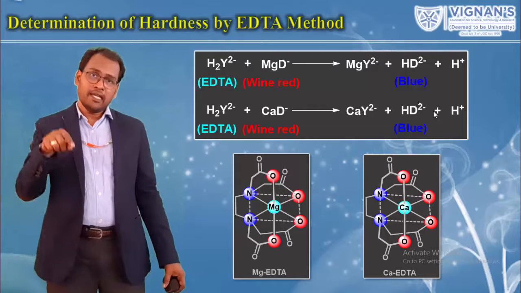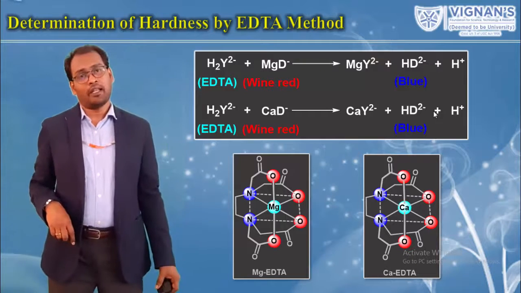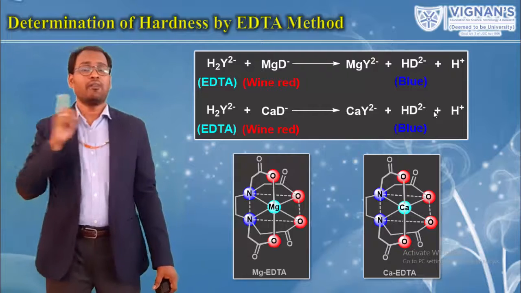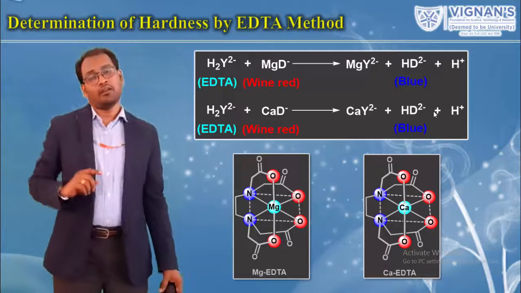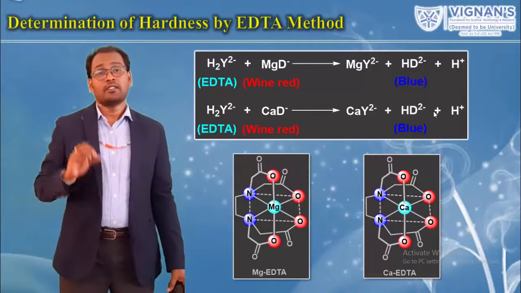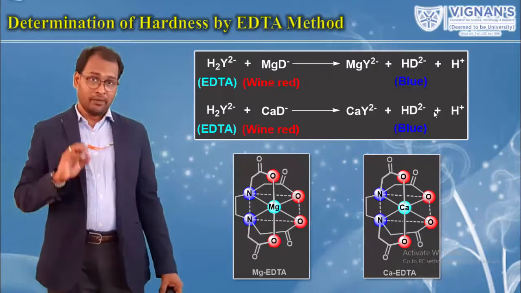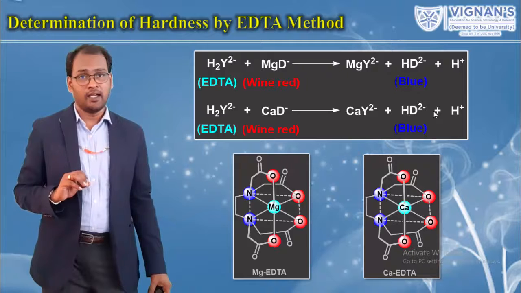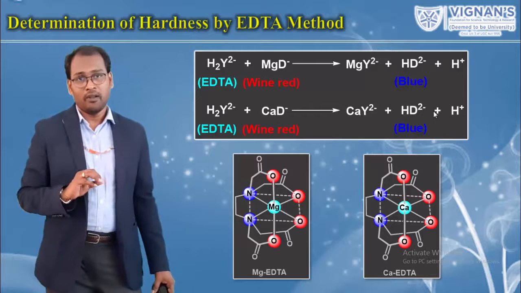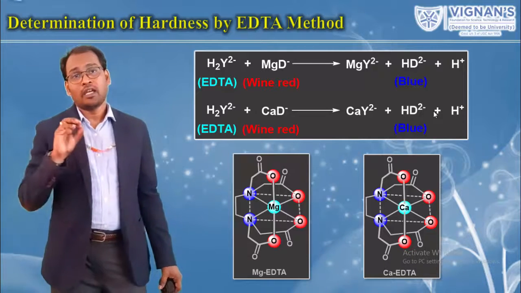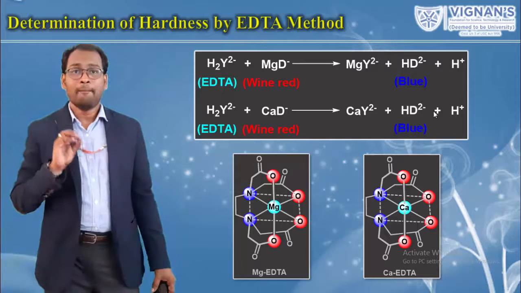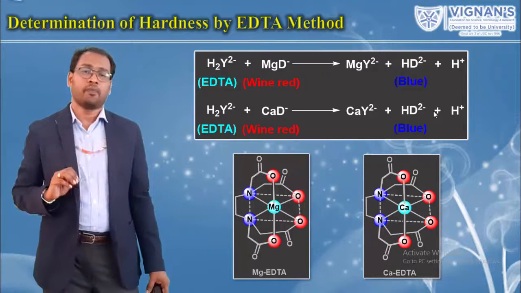So when EDTA comes in contact with this complex, EBT will be knocked off and EDTA will form the complex. The stability of the EBT metal complex, which is wine red in color, is not high when compared to the complex formed by metal and EDTA.